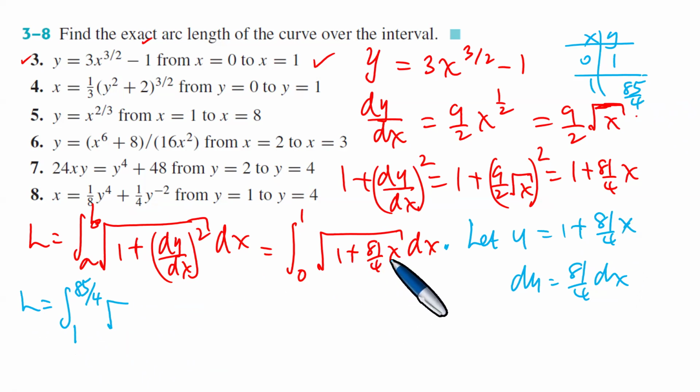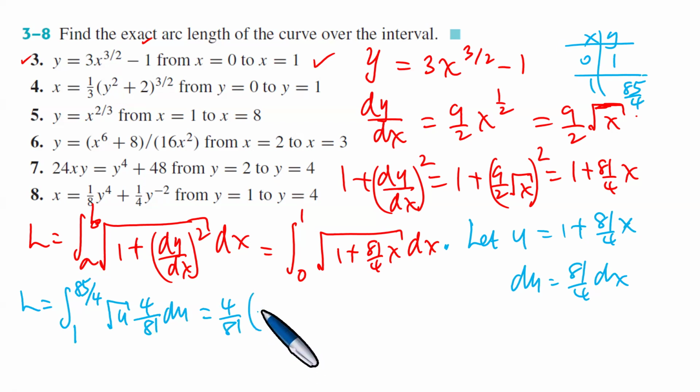Then the 1 plus 81 out of 4 x is u. dx is 4 out of 81 du. 4 out of 81. You find the integral, which is 2 over 3 u to the power 3 over 2.